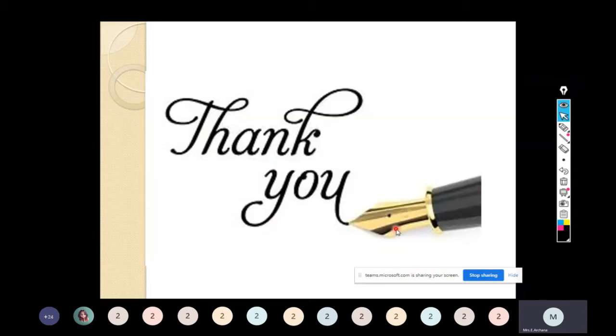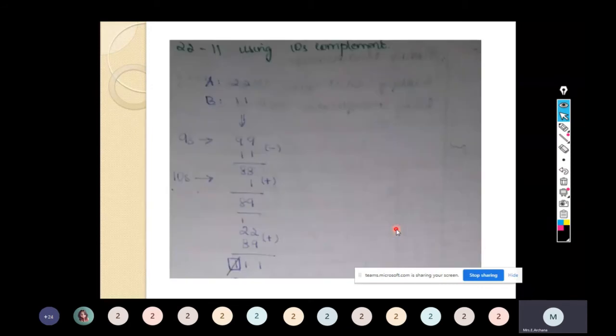Next, when we reverse it, we see this problem: 11 minus 22 using tens complement. This is of the form A minus B. Here B is 22, so we find tens complement for 22.